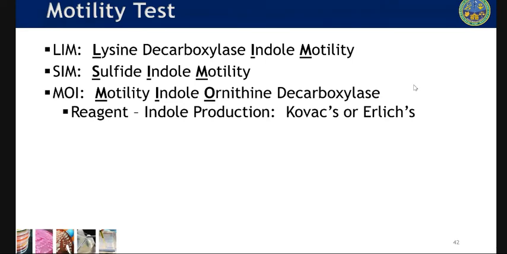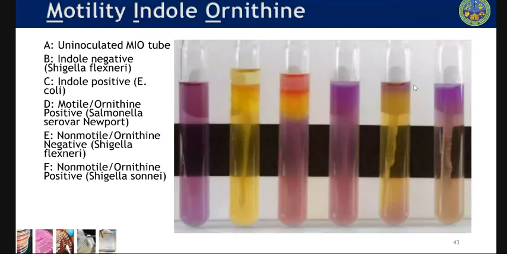Okay, thank you. All right, so motility in dull medium. This is the one I was telling you about a while back. I still have visuals of this. There's wrong inoculation here.